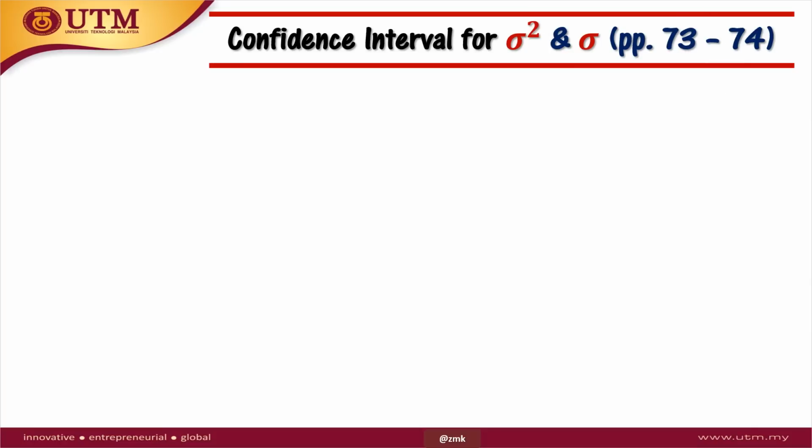Let us now look at how we are going to construct a confidence interval for the unknown population parameters sigma squared and sigma. You may refer to pages 73 and 74 of the textbook for further information. To construct the confidence interval for sigma squared, first, we may use the following statistic.